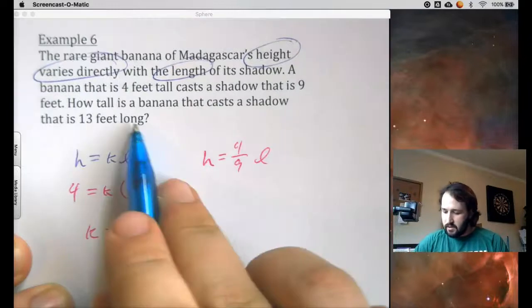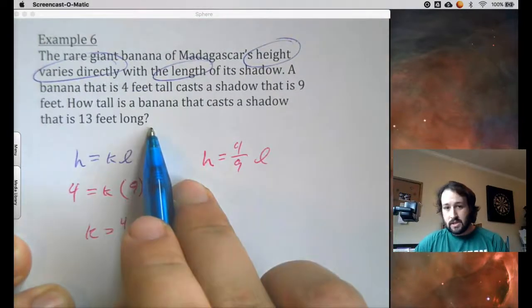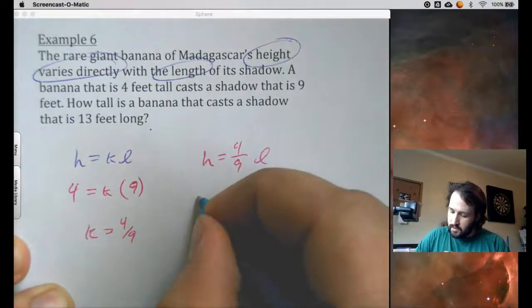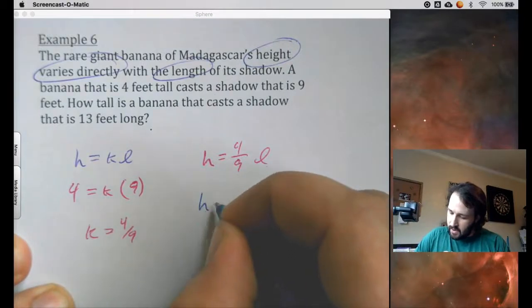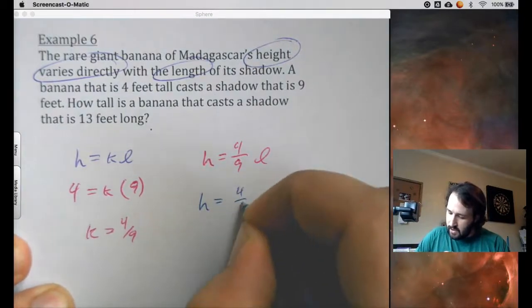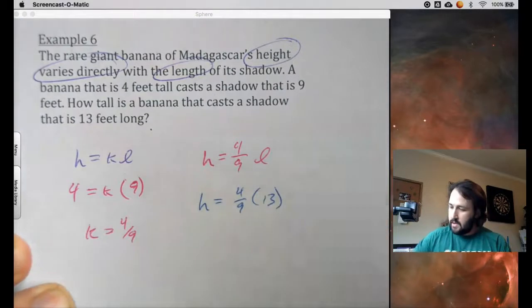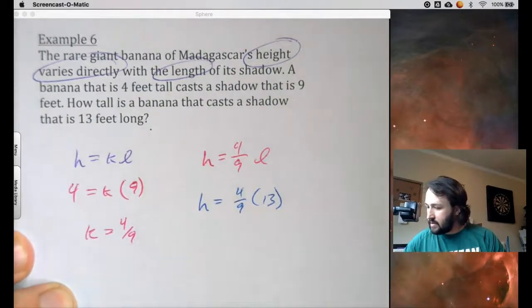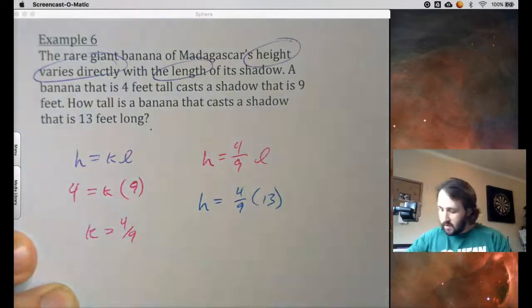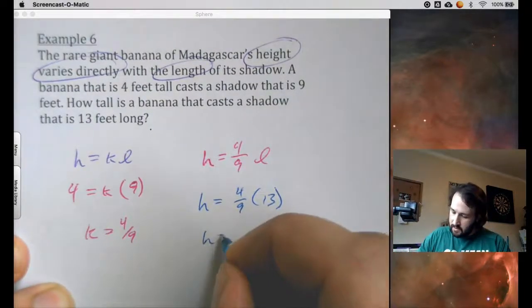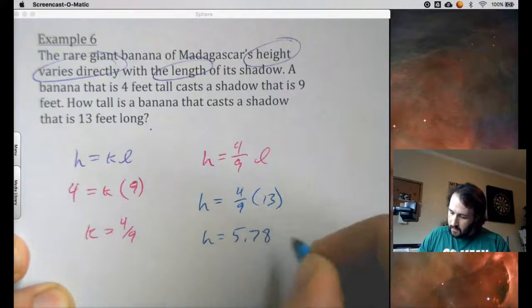To figure out how tall a banana is that casts a shadow that's 13 feet long, I can just put in 13. So height equals 4 over 9 times 13. So 4 times 13 divided by 9 gives me 5.78 feet.